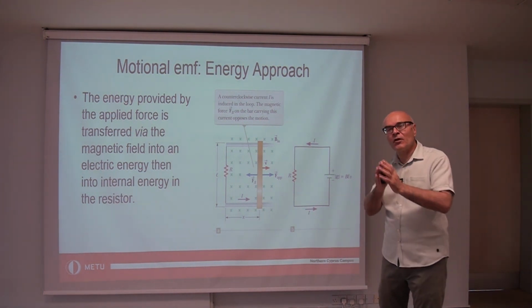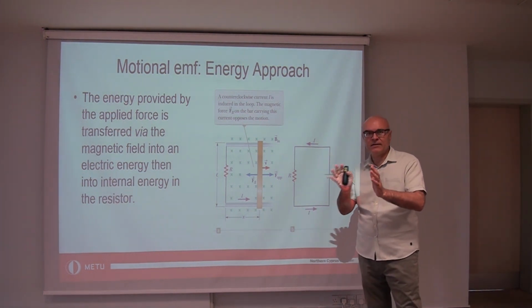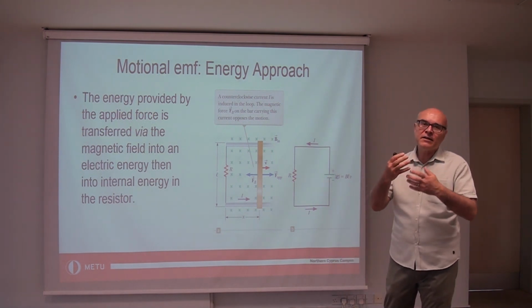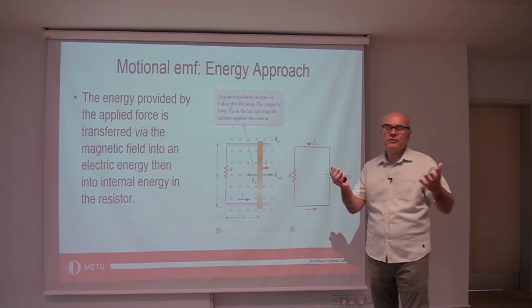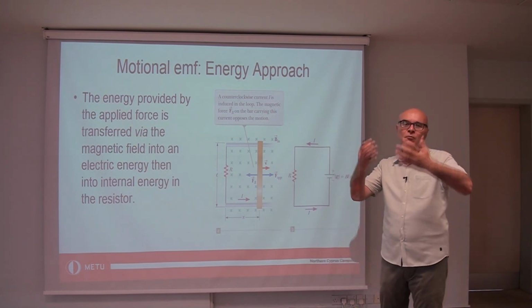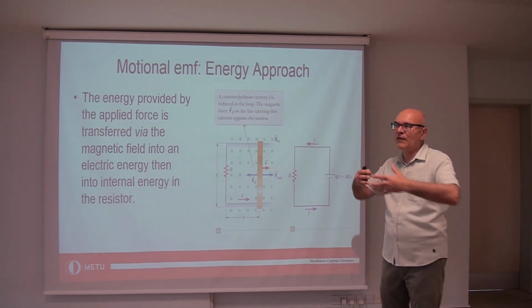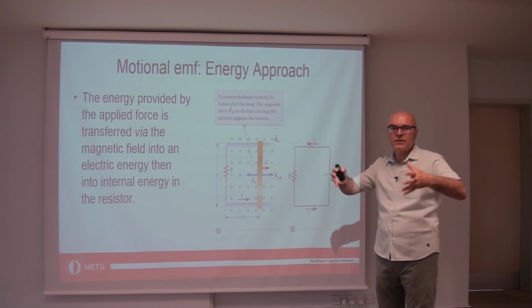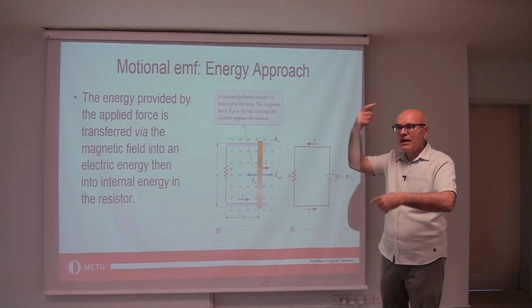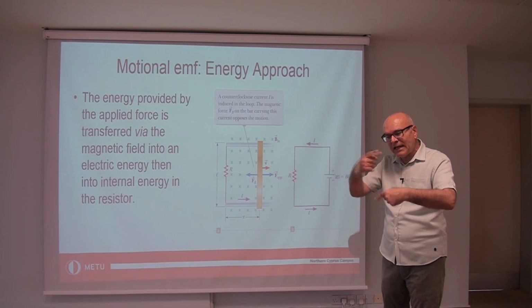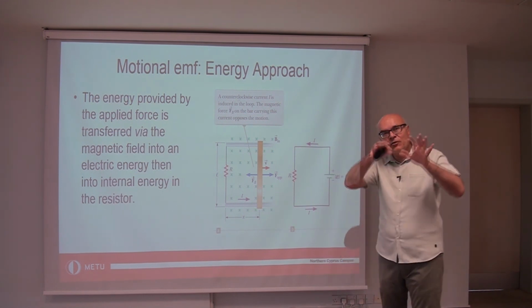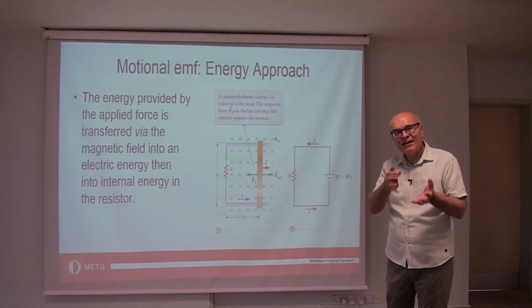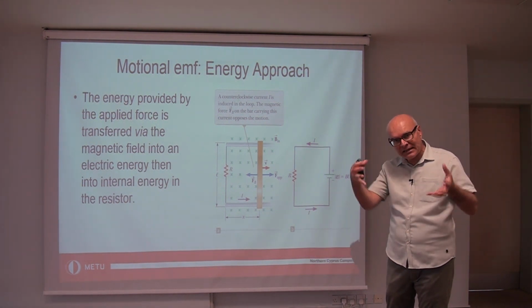As I mentioned before, apart from photovoltaic cells, electricity is usually generated using this principle. Let me give you an example. One way of generating electricity is to have large turbines put under waterfalls, and as water falls, it rotates a turbine, and this turbine is rotating in a magnetic field.